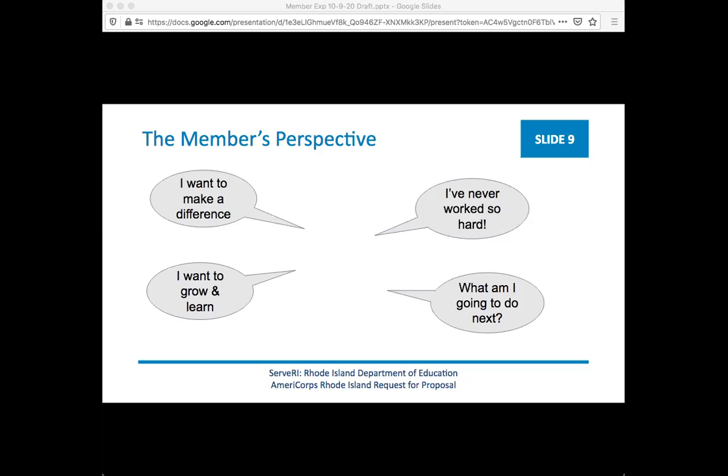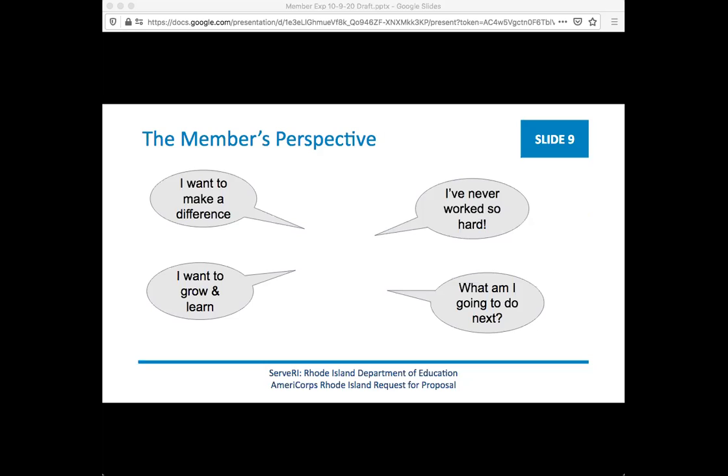It depends on your population, but sometimes you have members who are just out of college, and they really want this intensive experience of service to grow personally and professionally. Others are maybe just out of high school, and this is their first quote unquote job experience. So they want that professional career pathway of, what does it mean to work in a team and work in this kind of setting?